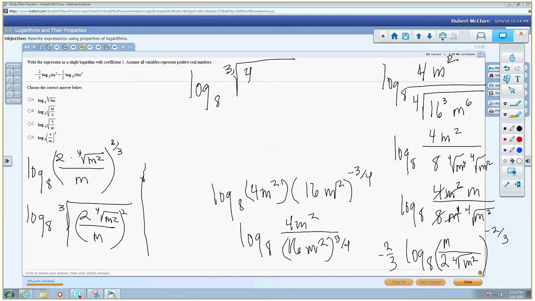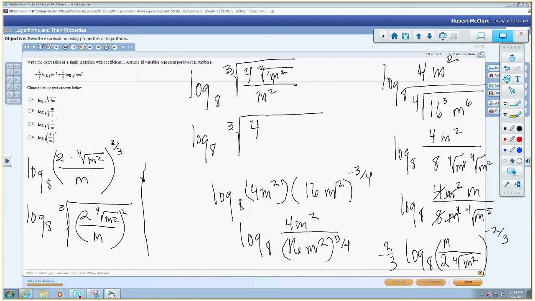Should be the square root of m squared. Square root of m squared over, and what's m squared? Should be m squared. So that's going to be log base 8 of the cube root of 4.